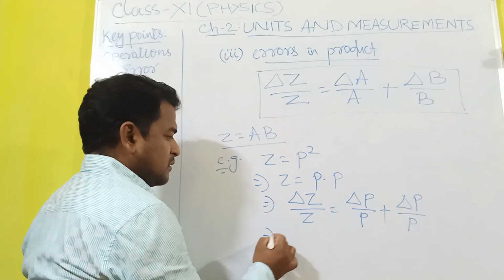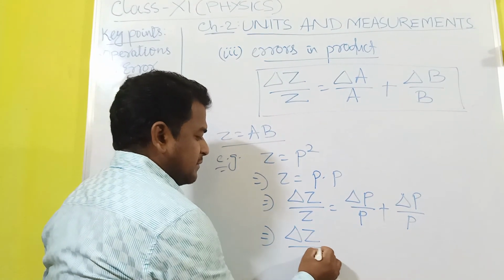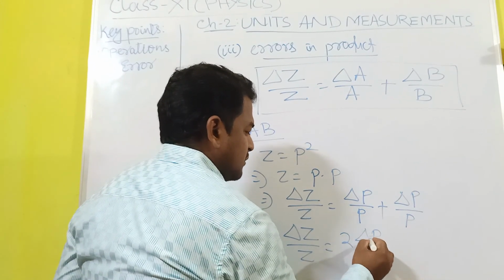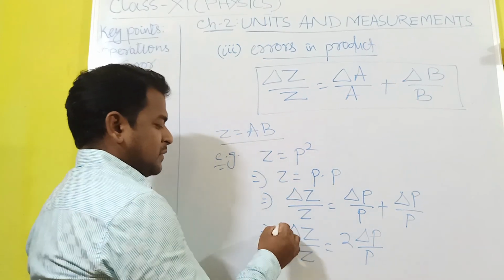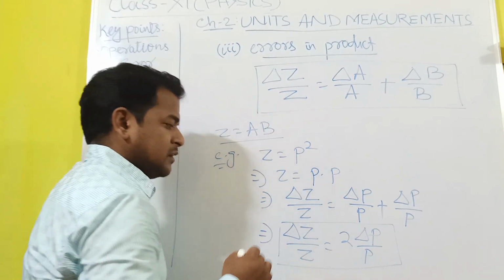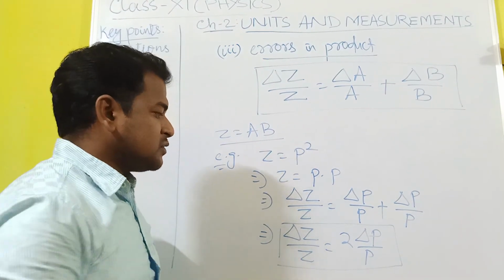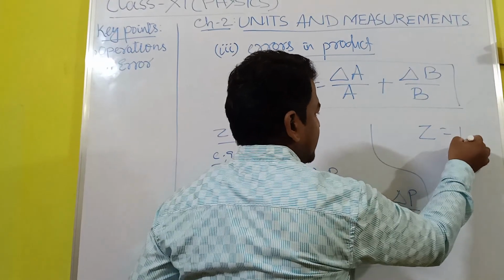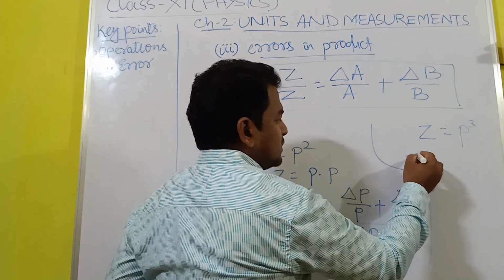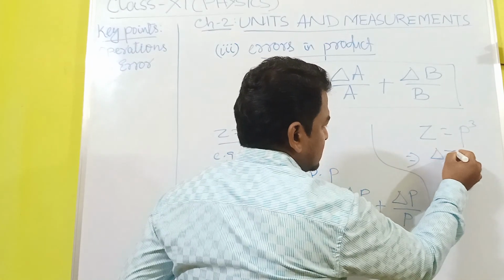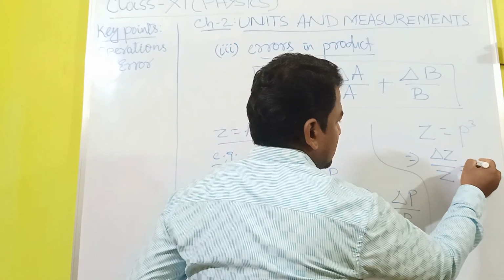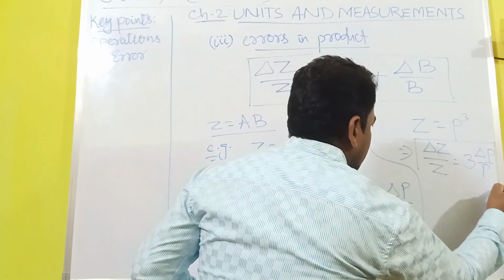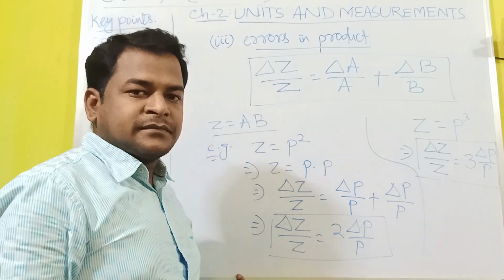Now delta Z by Z equal to 2 delta p by p. Similarly, if you solve one more problem, that is Z equal to suppose p cube, then you will get delta Z by Z equal to 3 delta p by p. You will get this much.